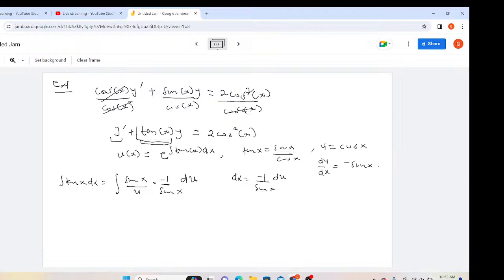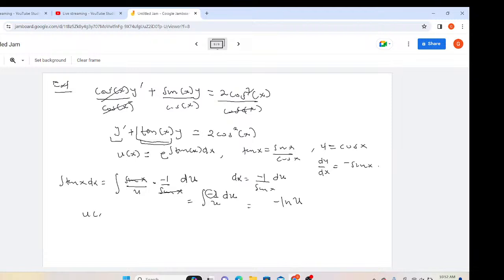I'm integrating with respect to u, so definitely the sine x terms should cancel out. So then I have integral of negative 1 over u du. When I integrate 1 over u, it's going to be ln u, so with the negative, negative ln u, and I put it back here.